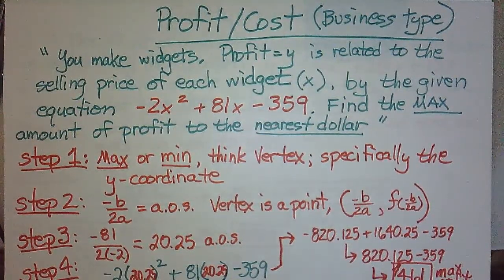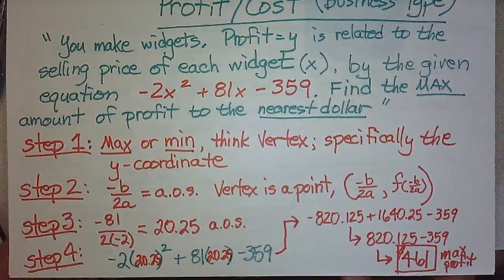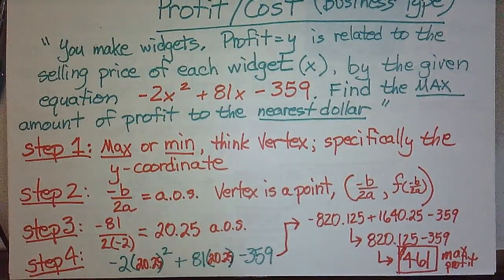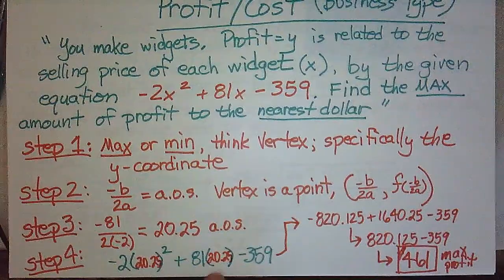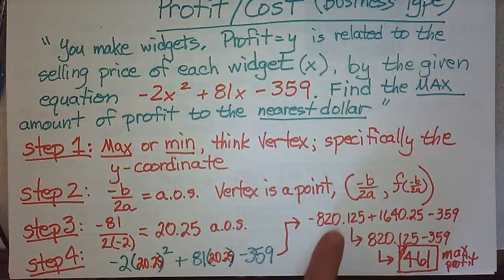Well, here we've set up the problem, and you're going to need your calculator to do these. All right? So 20.25 squared. Then you multiply by negative 2, and you're going to add that to 81 times 20.25 minus 359. So here we go.